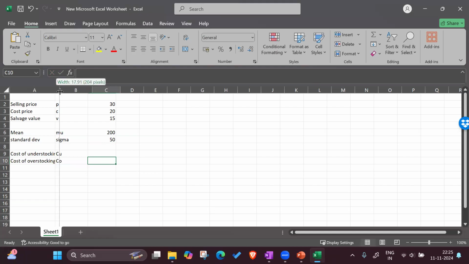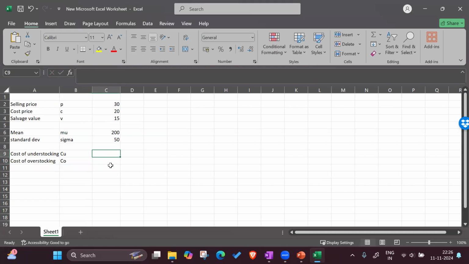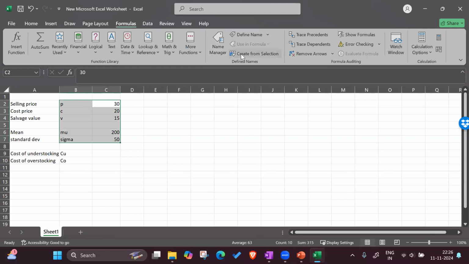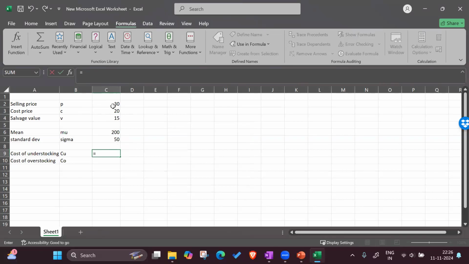And we're seeing that these values can be calculated as, before I do this, let me just introduce this particular thing. Let's say this is P minus C, and this is C minus V.